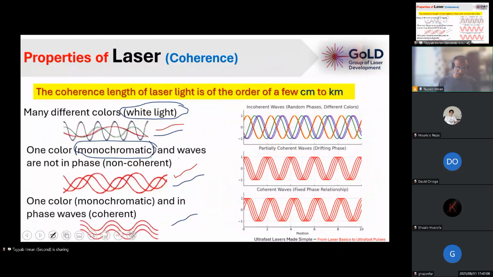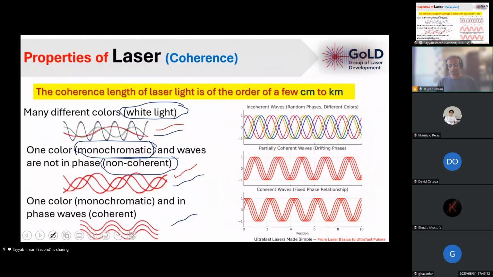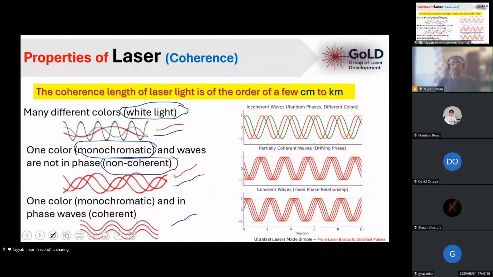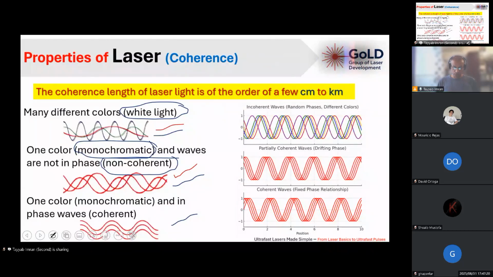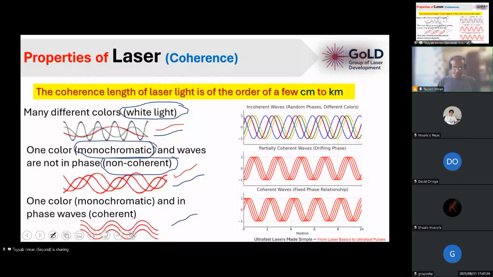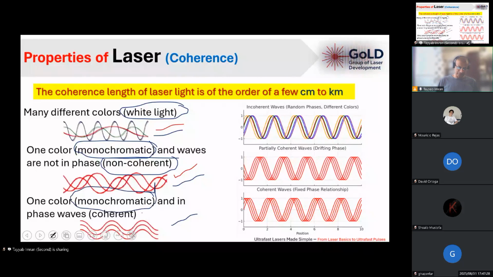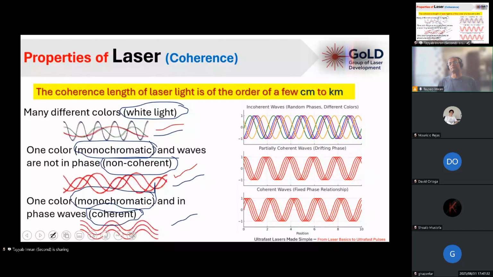But still it's non-coherent. So even if the light is monochromatic, it is not necessarily coherent. And the third portion is monochromatic as well, but along with monochromaticity, it is coherent as well.